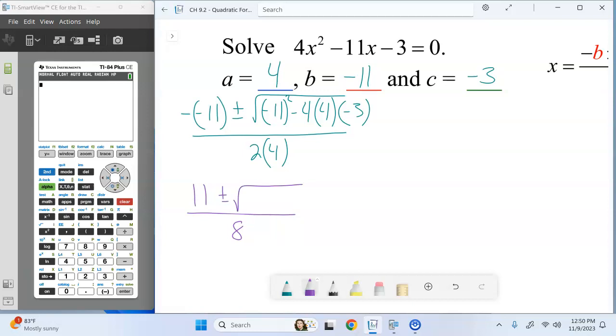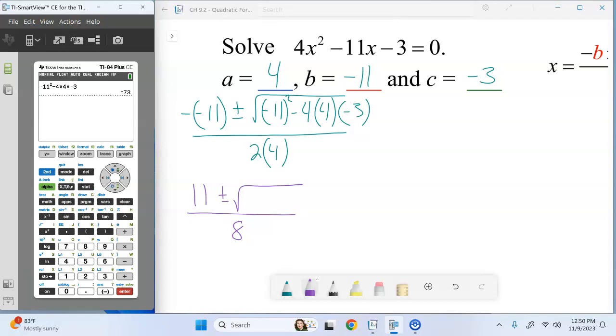Now, the most common mistake that I'll see is this. That's the wrong answer. Why? Where did I mess up putting that into the calculator? What do I need to do different?